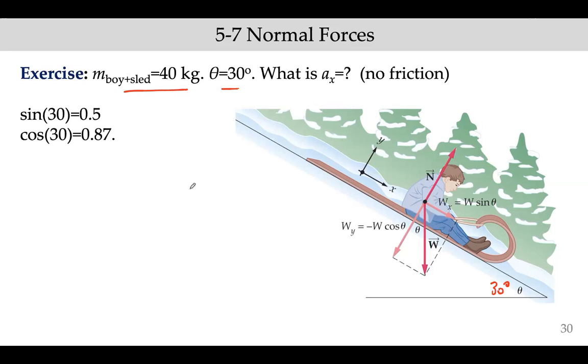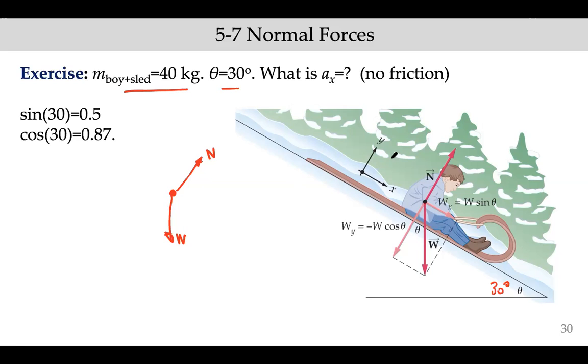So let's think about the forces on the object. So this is the boy and the sled, this point. Now, the weight is down, always. And the normal force is not up now because the surface is at some angle, right? So the normal force is in this direction.